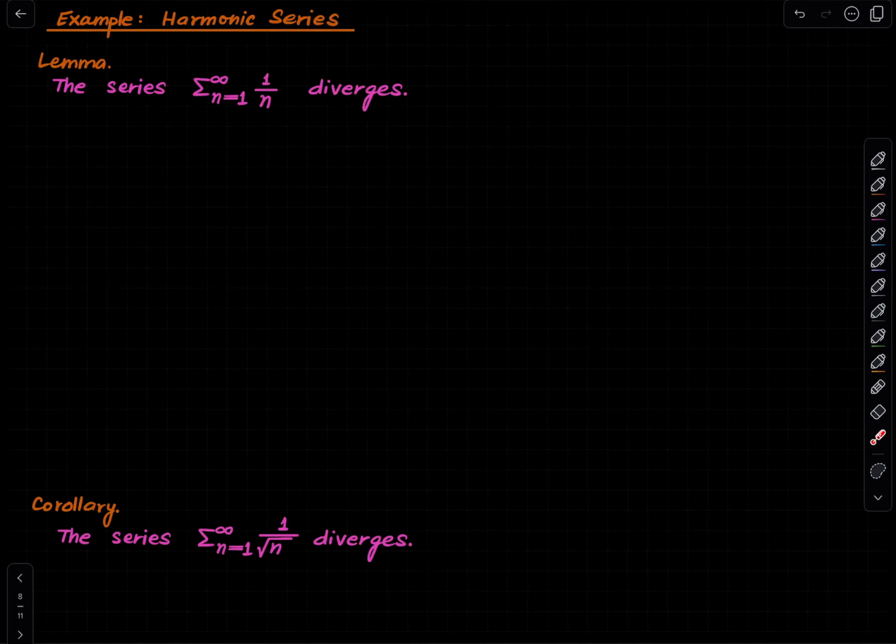Now this is an interesting example. Here, the nth terms are converging to 0 as n goes to infinity. But still we are claiming that this thing diverges. So even though the terms are smaller and smaller, they still accumulate to become larger and larger.